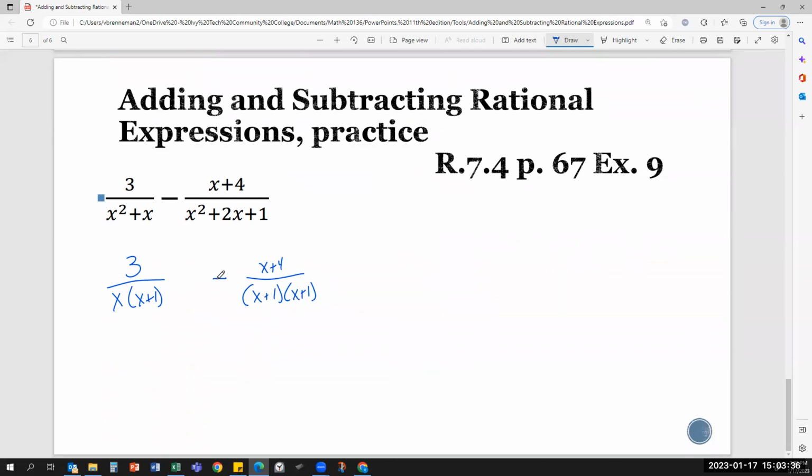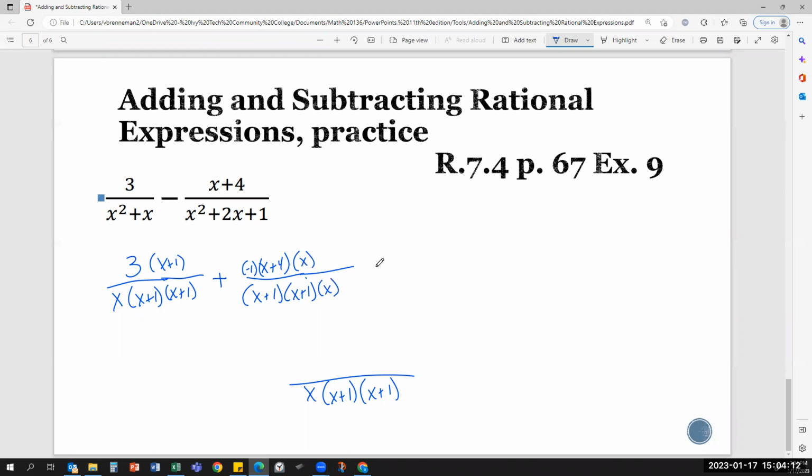While I'm at it, I'm going to change that minus to a plus with a negative 1 factor, so that I don't forget to apply that negative. What we need in the end result is the x, the x plus 1, and the second x plus 1. The first fraction is missing the second x plus 1, so we need to multiply top and bottom by that. And the second one is missing the factor that's just x.